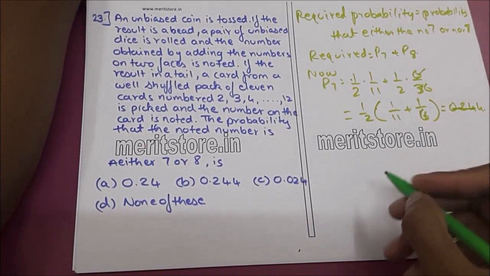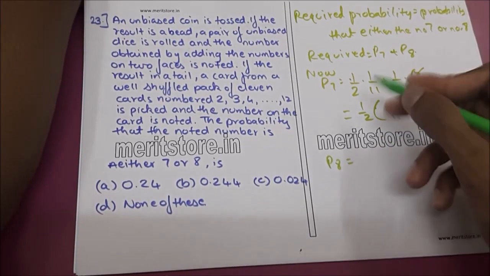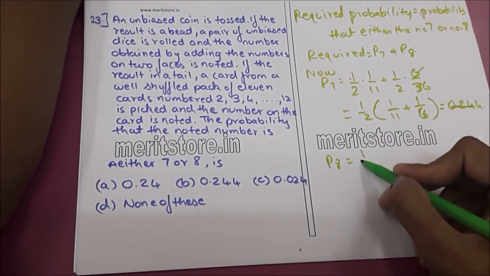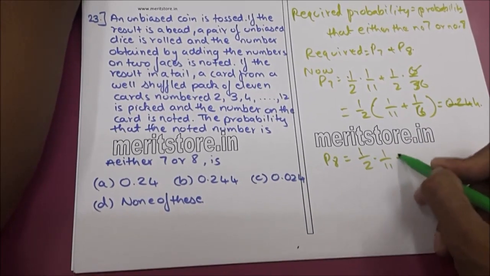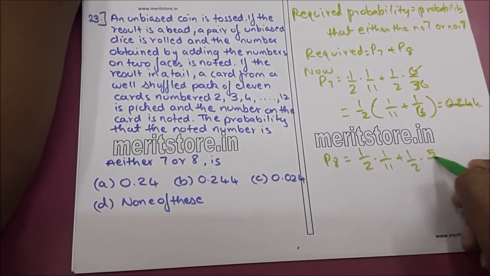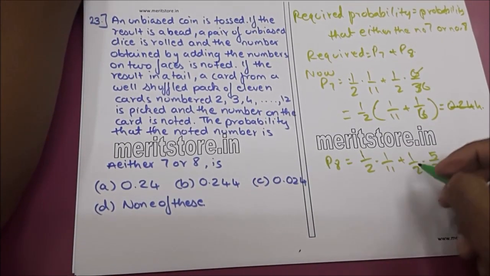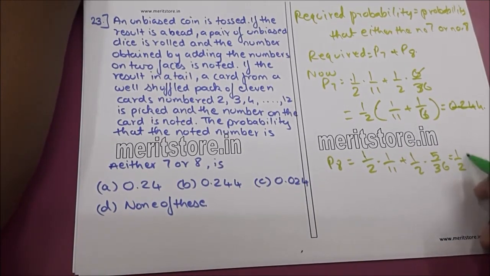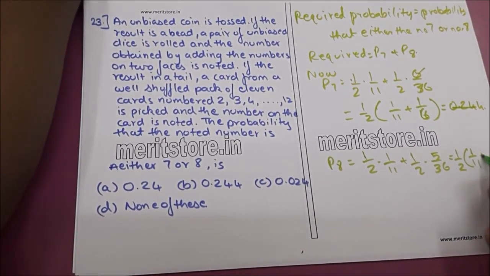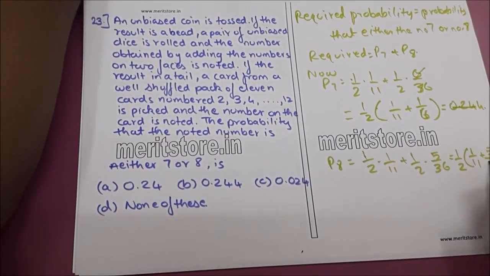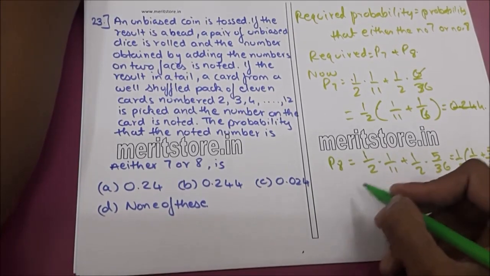We further solve for probability 8, that is 1 by 2 into 1 by 11 plus 1 by 2 into 5 by 36. We solve this, we get 1 by 2 into 1 by 11 plus 5 by 36.